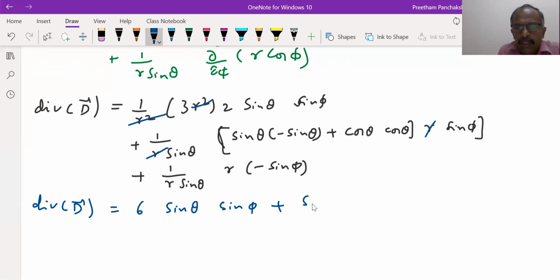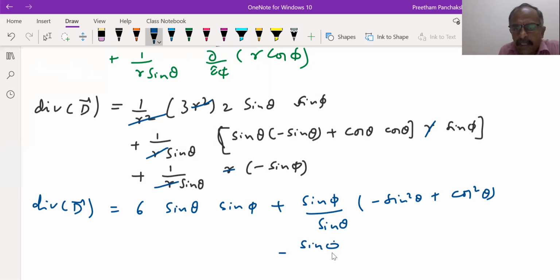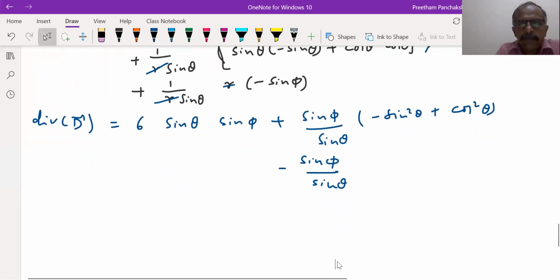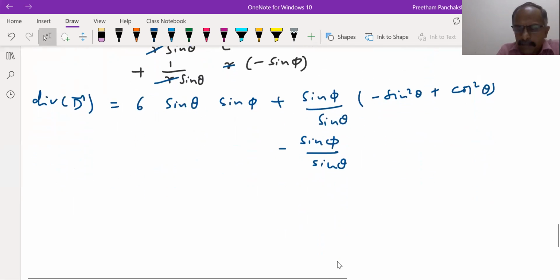So we have the sin phi term, denominator sin theta term, and here it is minus sin square theta plus cos square theta. Lastly, here also r cancelled. We have minus sin phi divided by sin theta. So the divergence is ready.